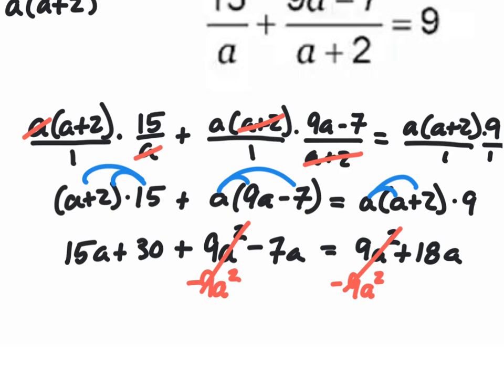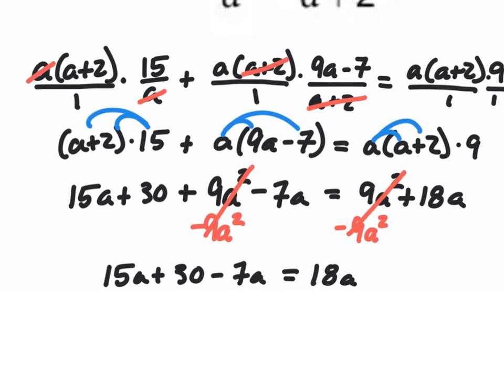So let's rewrite this then as 15a plus 30 minus 7a, and this is equal to 18a. Let me combine these like terms over here, 15a minus 7a. That's going to give me 8a.